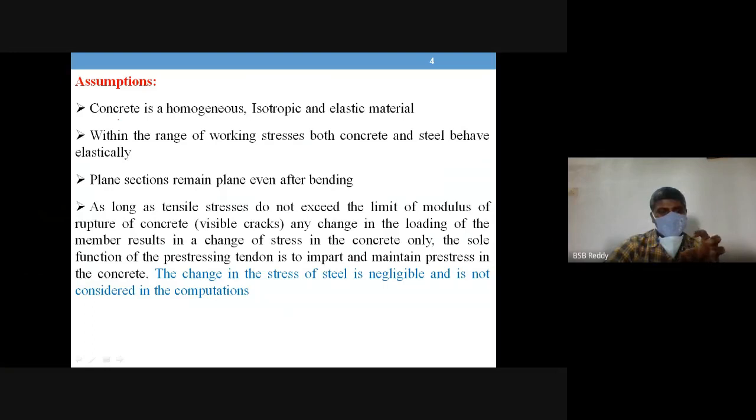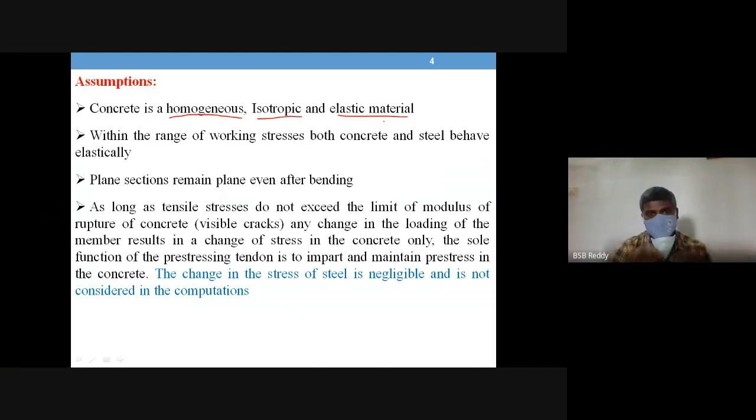It is a mixture of so many materials, but still we take concrete as a single unit and we assume that it is homogeneous, made of the same material at all places. Isotropic, having similar properties in all directions, and it is an elastic material, which means if you remove the load it comes back to its original position.